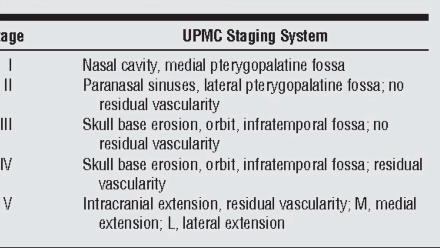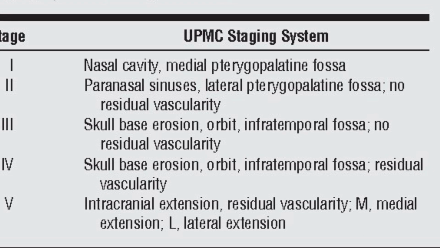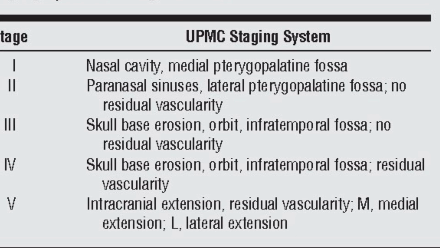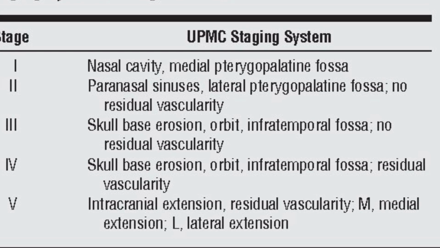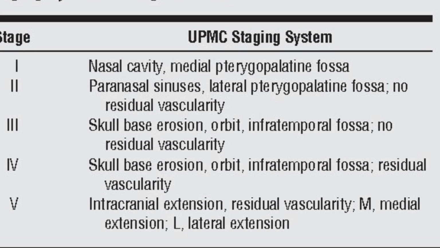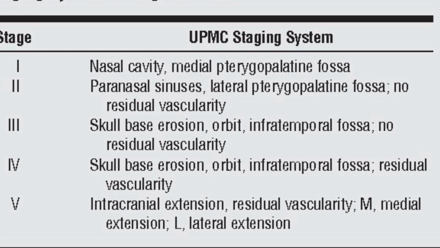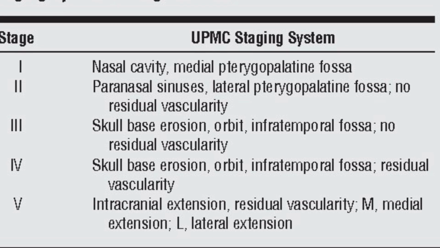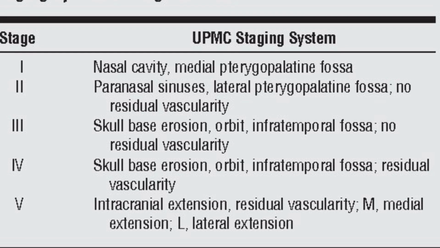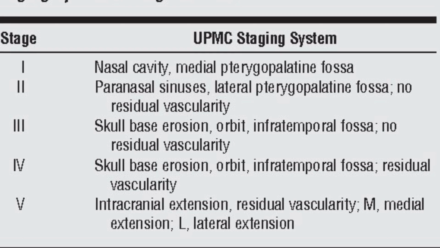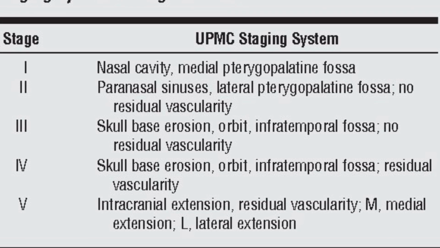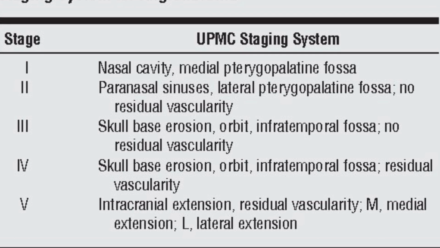Grade 1 is nasal cavity and medial pterygoid fossa involved. Grade 2 is paranasal sinus involvement with lateral pterygoid plate extension, and there is no residual vascularity post embolization. Grade 3 is skull base erosion as well as orbital and infratemporal fossa involvement with no residual vascularity seen post embolization.